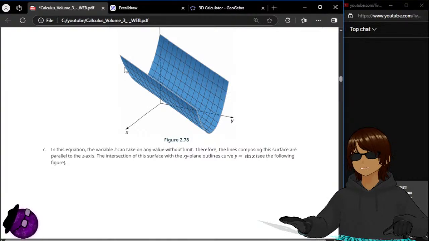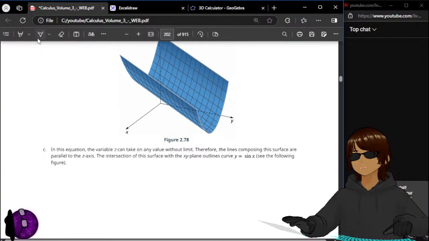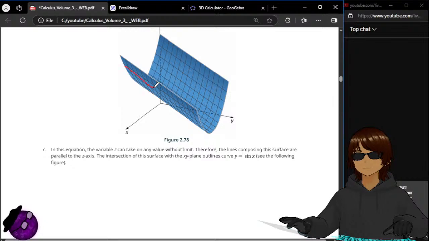So in this case, the line would be like in this direction. So this shape gives a set of lines that is parallel to, let's say, this line.